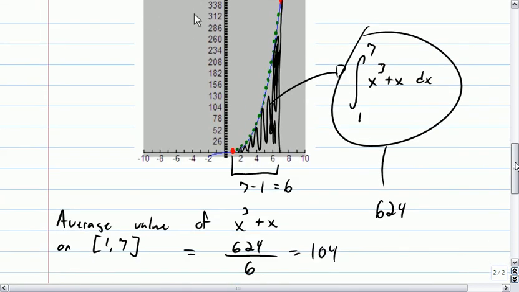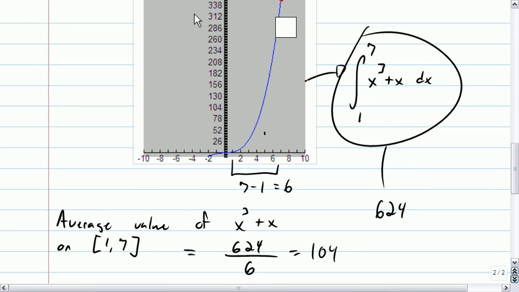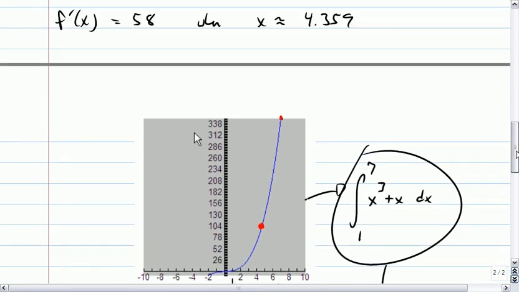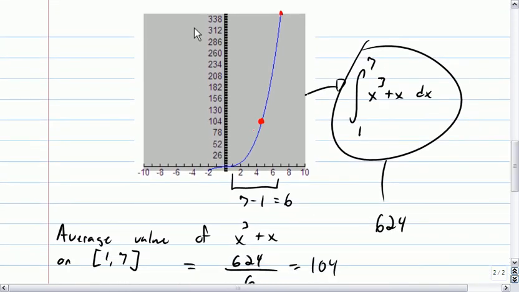The last part says, hey, when does my function achieve that average y value? And graphically, if you think about where 104 is, 104 is right here. You think about what does that mean for the picture.